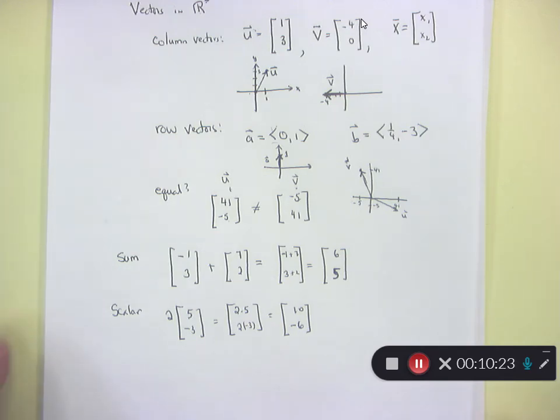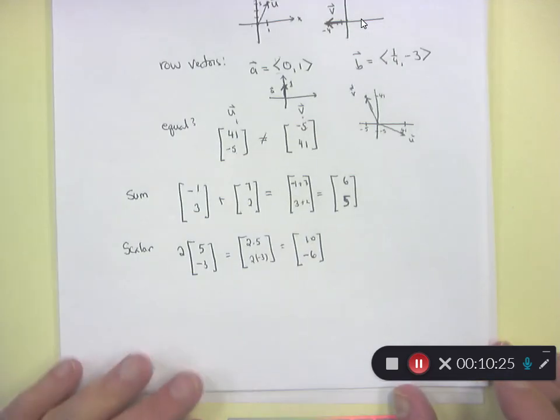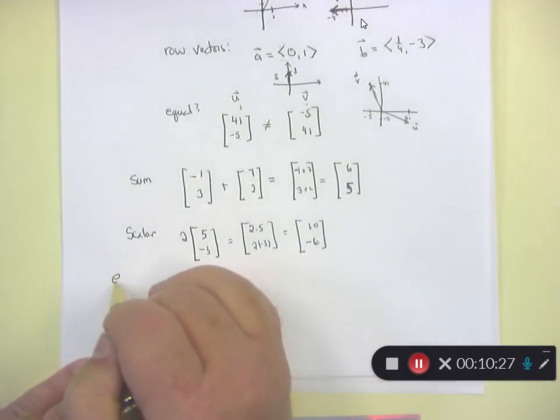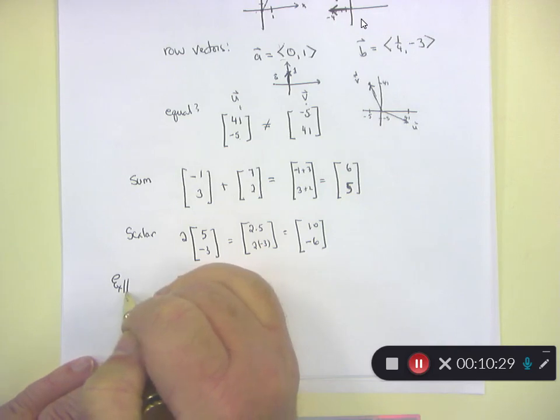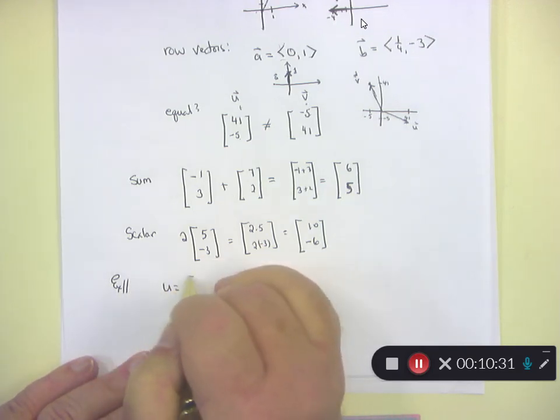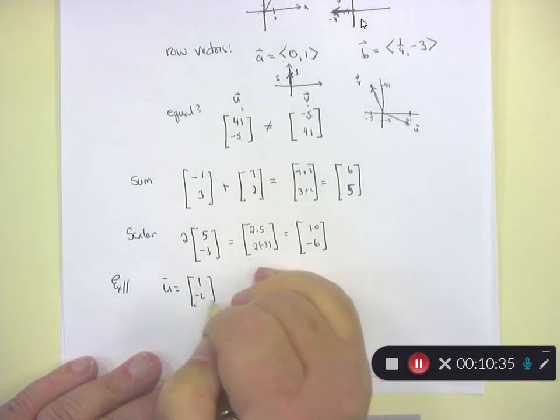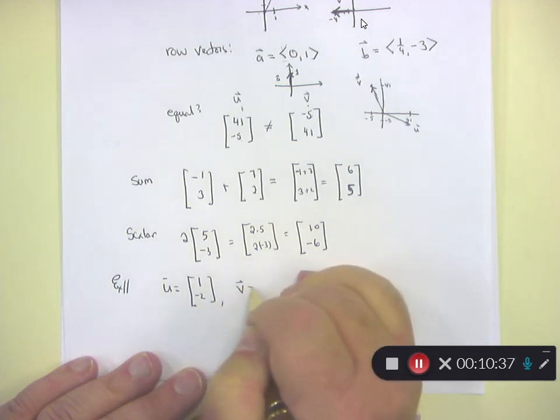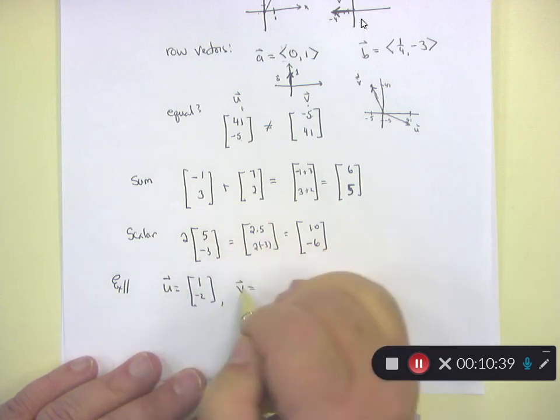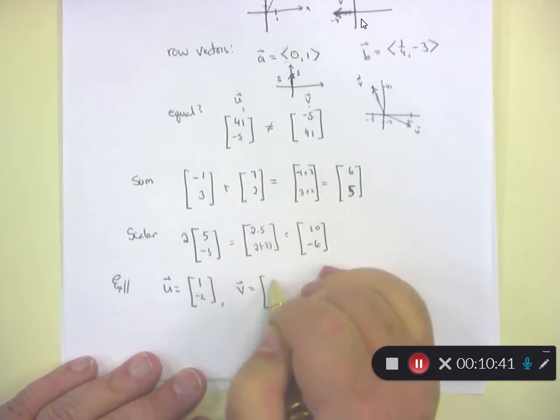So from there, we can start doing some algebra. An example down here would be this. If I let u be the vector 1, negative 2, and then I have a second vector, vector v, which is the vector 3, 11.